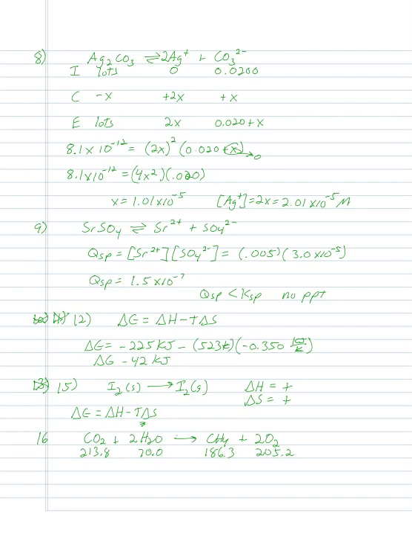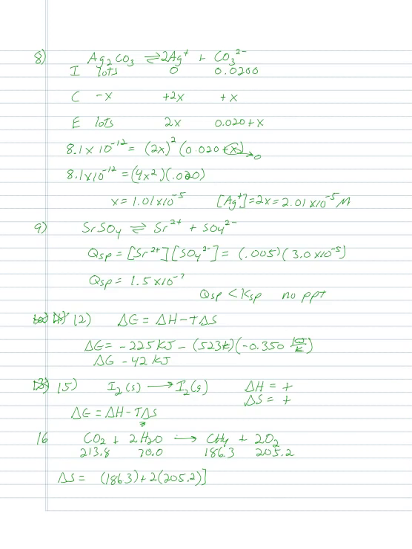Okay, so our delta S is going to be the sum of the products minus the sum of the reactants. So that's going to be 186.3 plus 2 times 205.2.